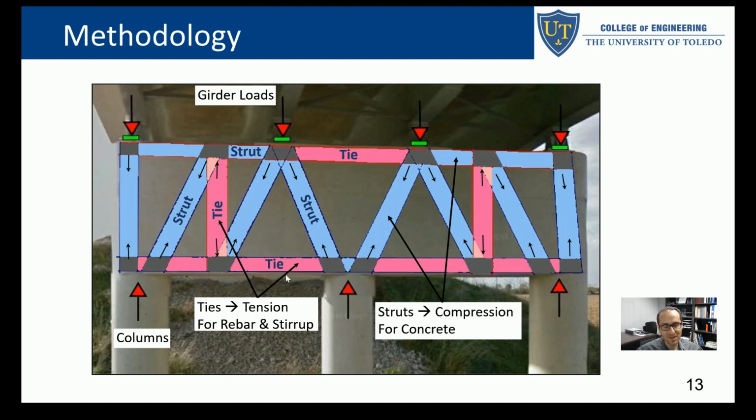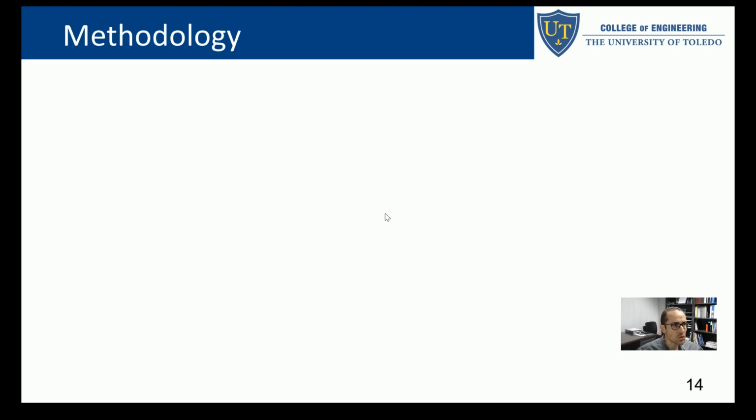You cannot put a tie if there's no reinforcement, because tie equals the reinforcement, right? And nodal zones, as you can see, you've got everything. You've got square, you've got rectangular, you've got parallelogram. These make it a little bit more challenging when you check the nodal zones.